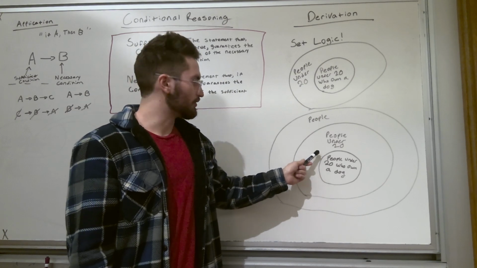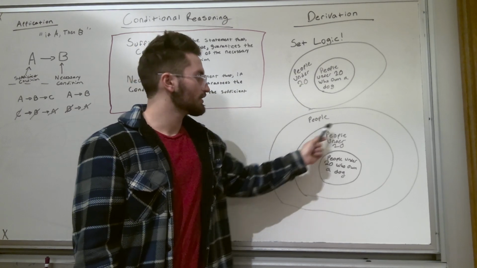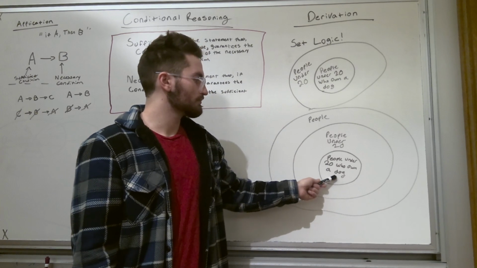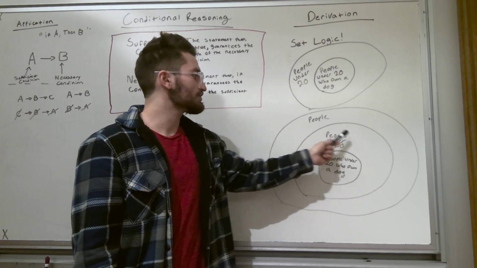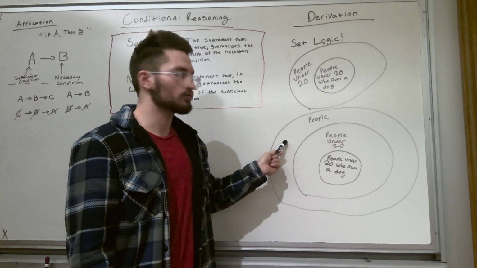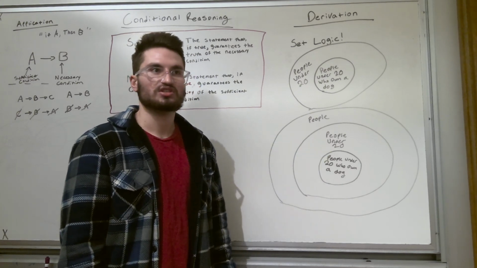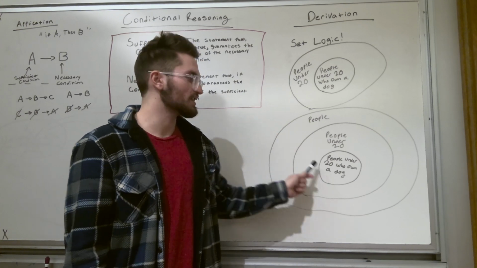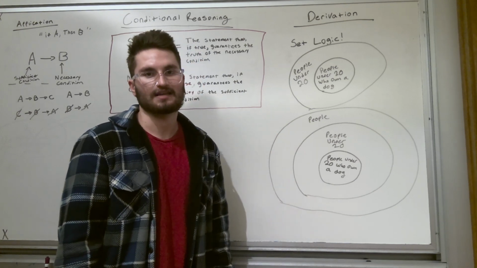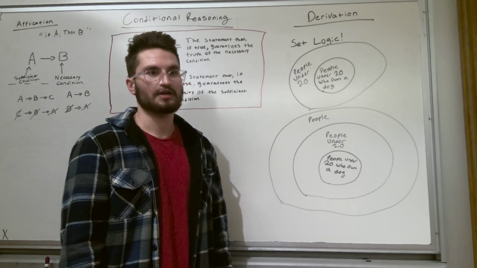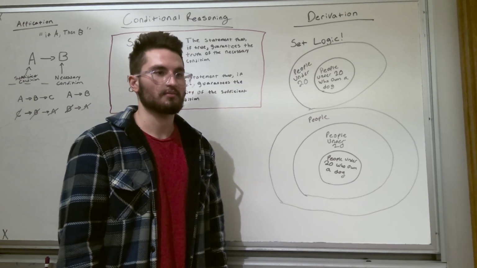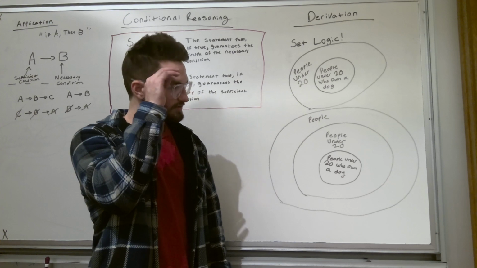But then also, the people under 20, the superset for this middle subset here, can also be a subset for another larger superset, which is just people in general. So you can have multiple subsets and supersets going on at the same time. And that's where something called chained conditional reasoning comes from, where you have multiple conditionals.